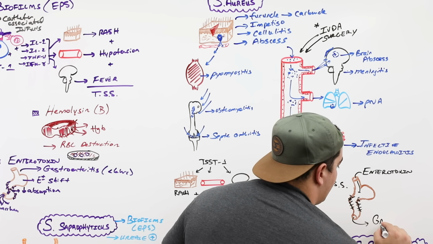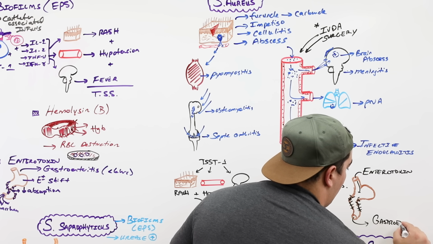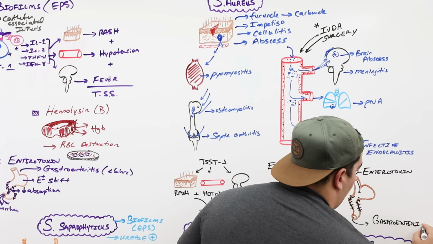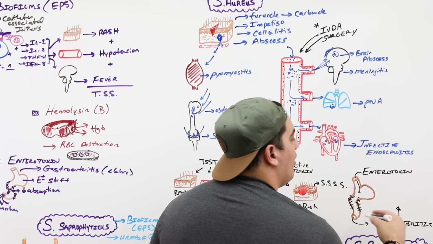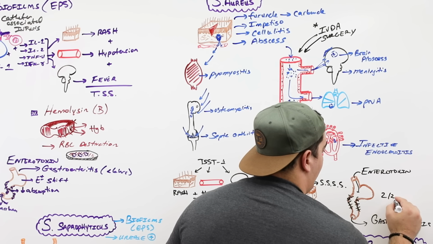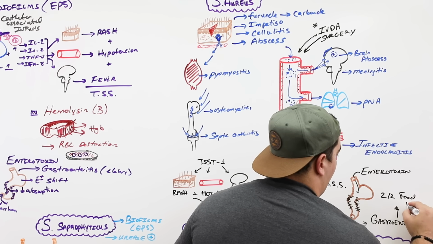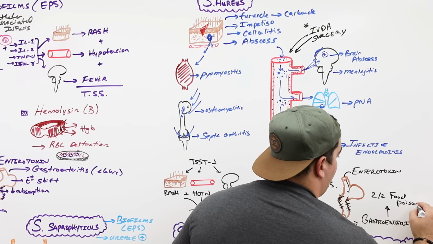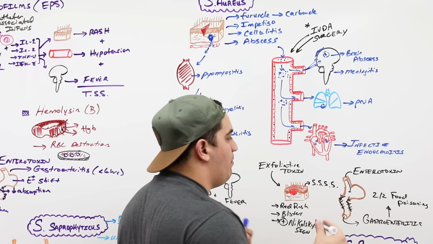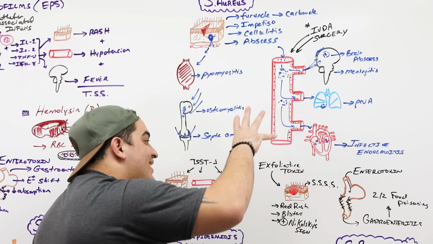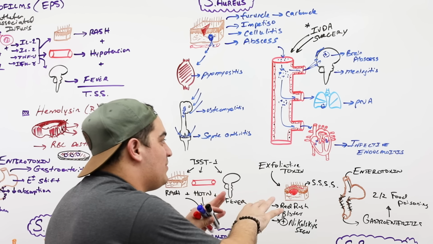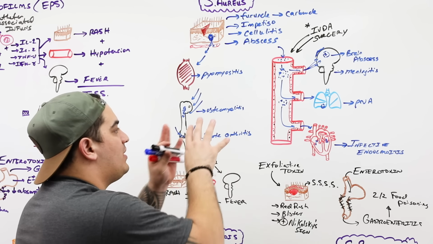And from this, we can see things like gastroenteritis, usually secondary to some type of food poisoning. And remember what I told you to remember, it's usually some type of mayonnaise-based food substance, okay? So that is all the diseases and syndromes that we can see associated with Staphylococcus aureus.